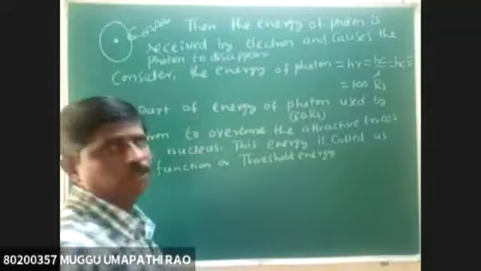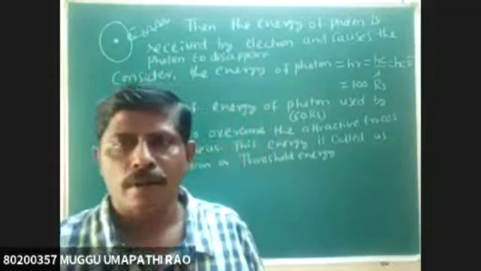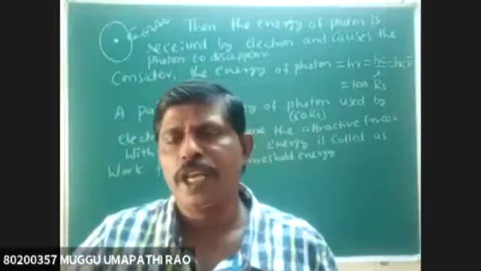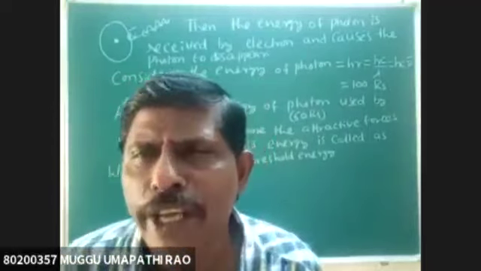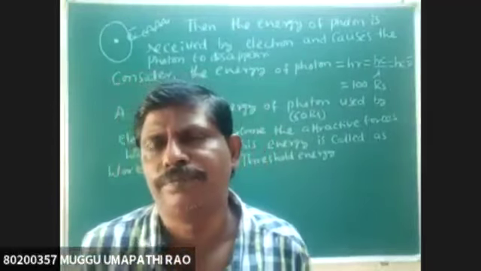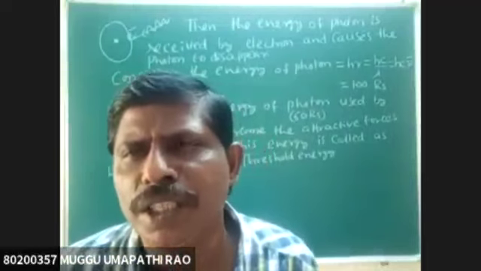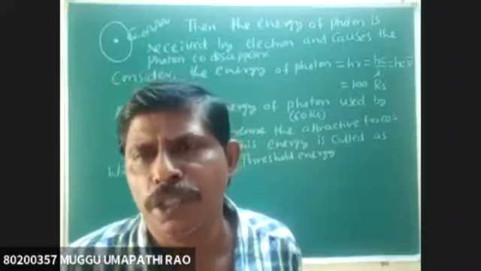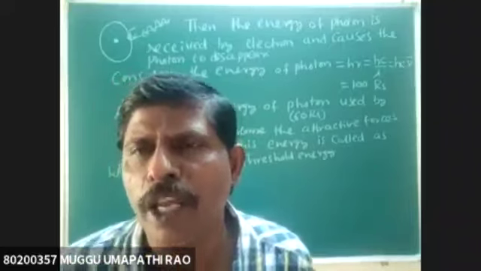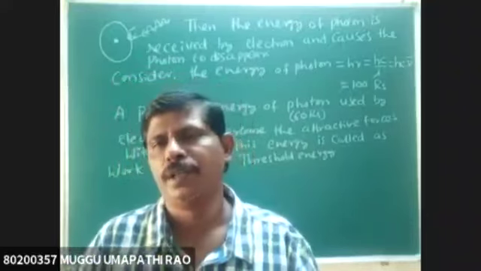So how does the photoelectric effect occur? One photon strikes one electron. Then the photon energy is taken by the electron. Consider photon energy 100 rupees. Now the 100 rupees is taken by the electron.